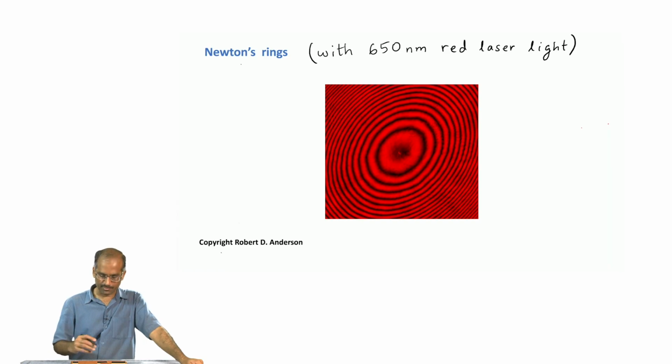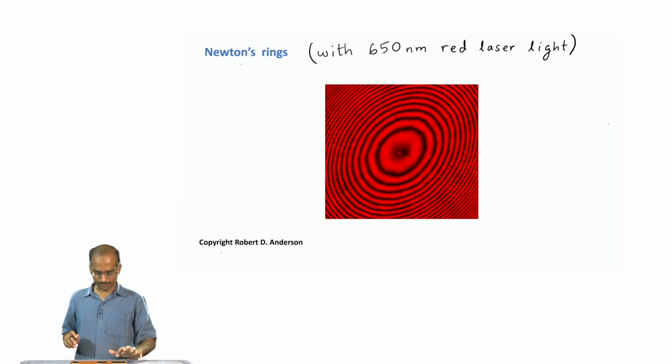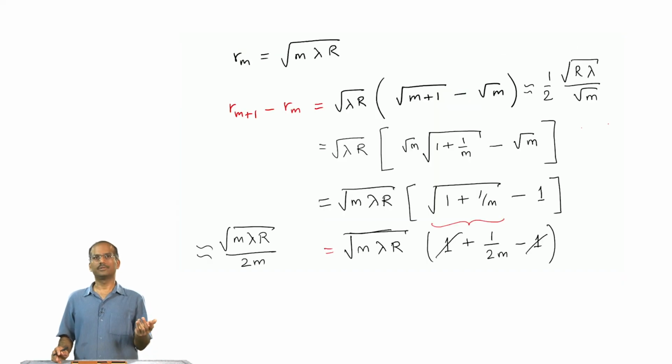Successively the fringes towards the edges of this picture have fringe widths which are smaller. So, as m, or the order, increases, the fringe width decays as 1 over root m.